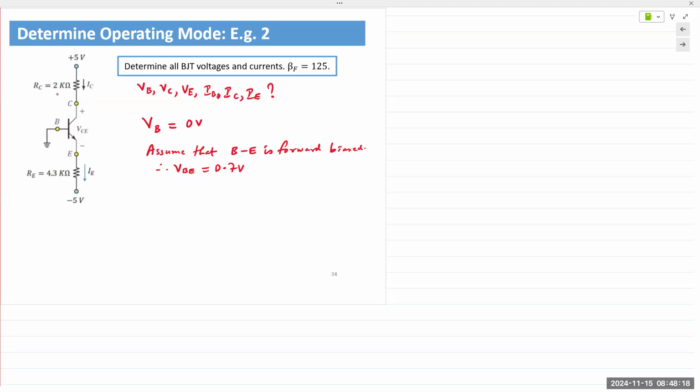And if that is 0.7 volts, then I can find IE. All right, so if we assume VBE is 0.7, then VE is VB minus VBE.